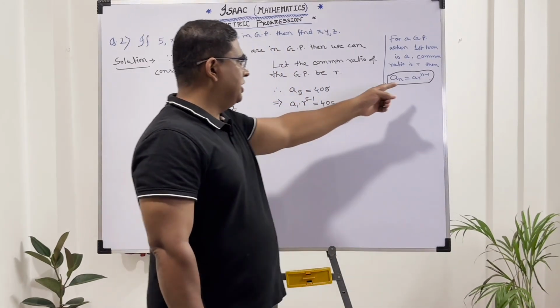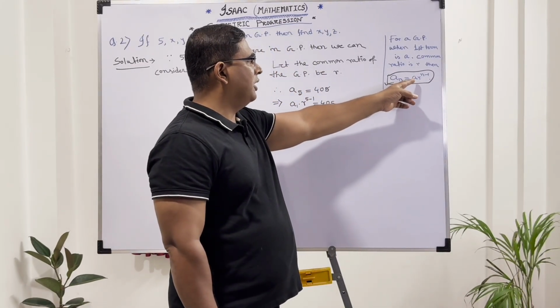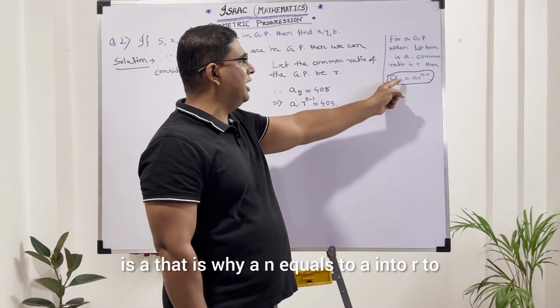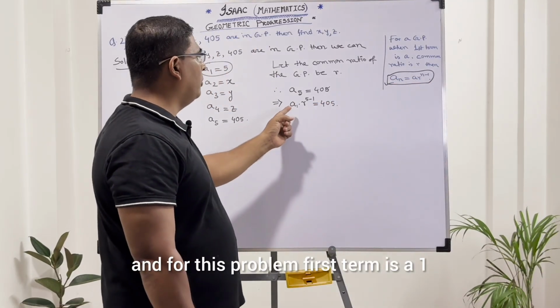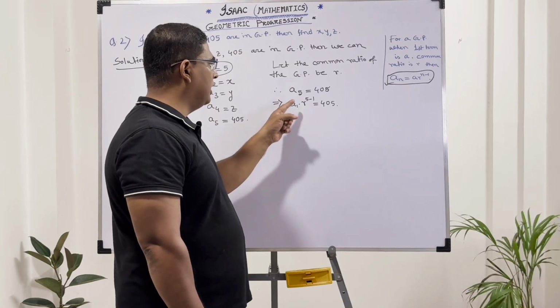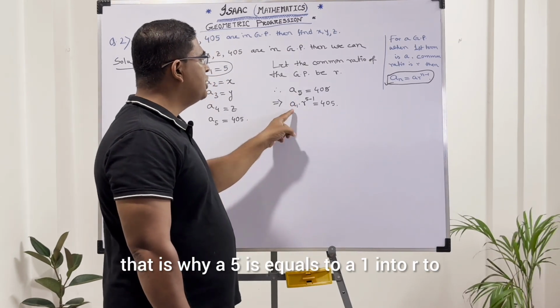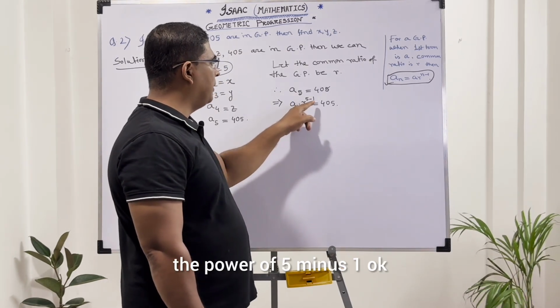Here the first term is A, that is why nth term equals A into R to the power of n minus 1, and for this problem first term is A1, that is why A5 is equals to A1 into R to the power of 5 minus 1.